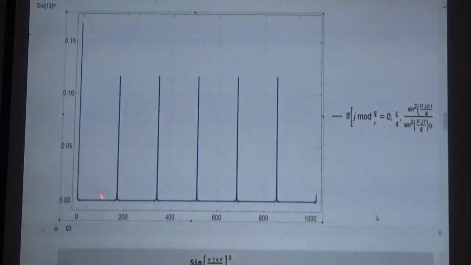So if my output is 171, I will get a peak there in the distribution function.